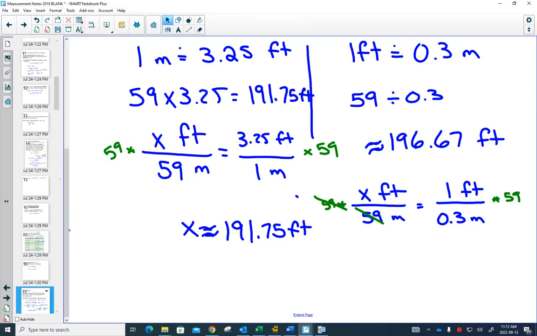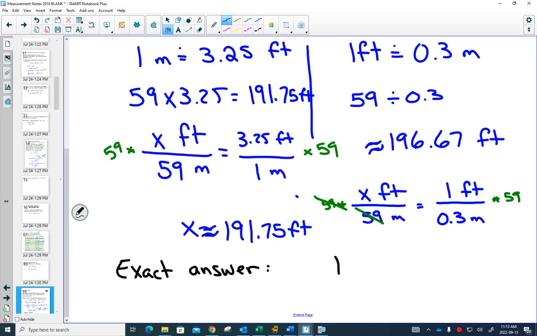Now the question said after we were supposed to get the approximations, we should find an exact answer. So if we want to find an exact answer, we have to actually do some more conversions, because according to our formula sheet, we only have 2 things that are exact answers.